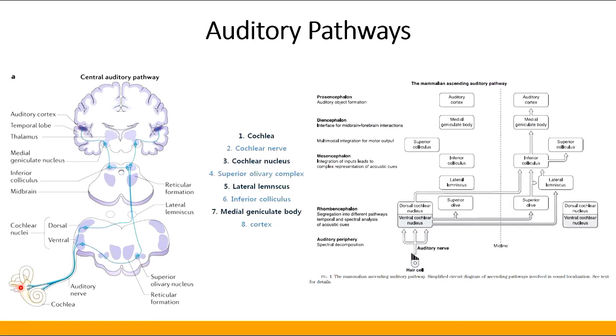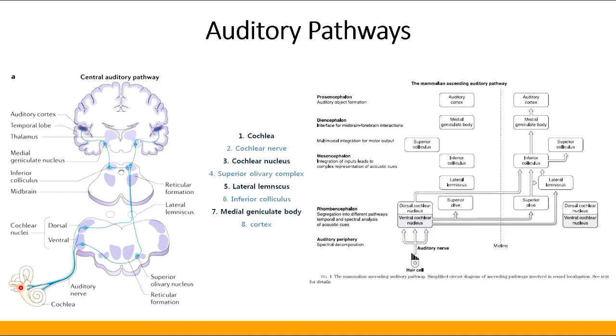The information encoded from both ears includes many computational stages in combining and integrating in a meaningful way, including the brainstem, subcortical nuclei, and the cortex.